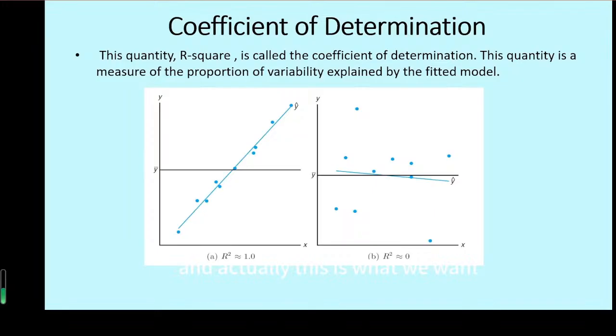And actually this is not what we want, right? Because we can add many unrelated explanatory variables into the model. So this is called overfitting. So it is very important that we may not arbitrarily focus on the coefficient of determination.